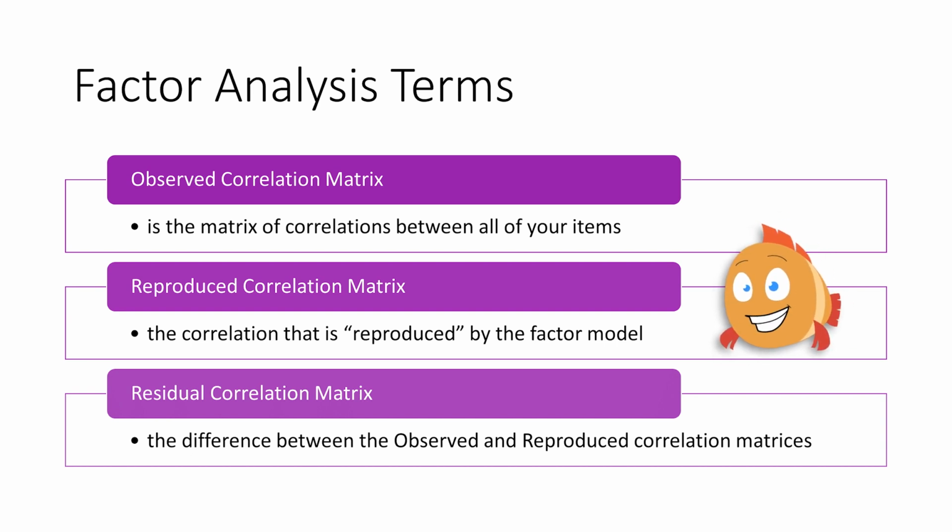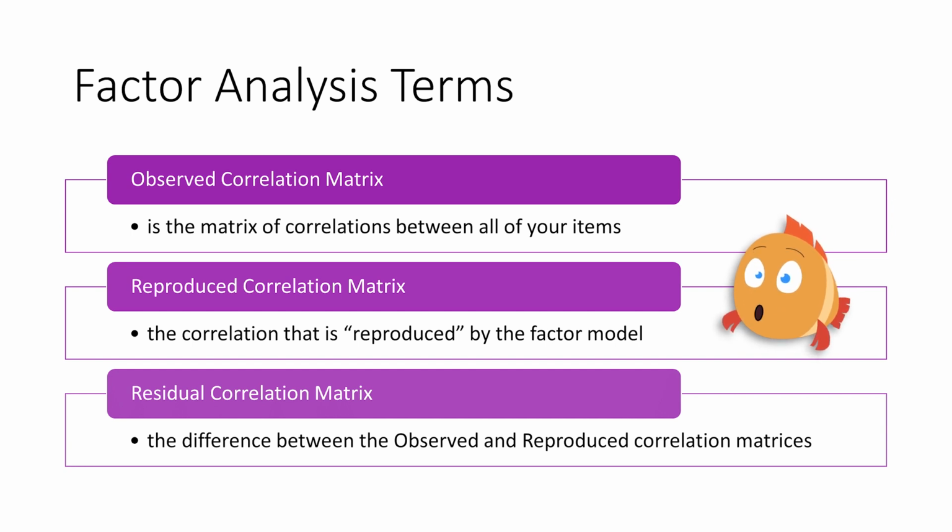This is that matrix that's like a box, the same way that when you display multiple correlations, it looks like a tic-tac-toe board. Yeah, a grid. It's a matrix of correlations between all of your items. So if you have a questionnaire with 10, it's going to be a 10 by 10.